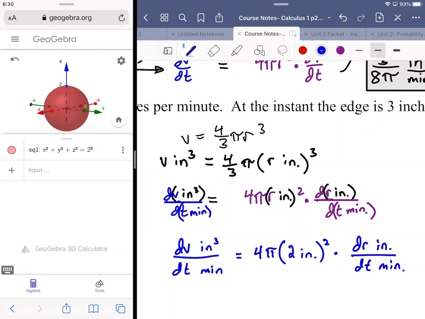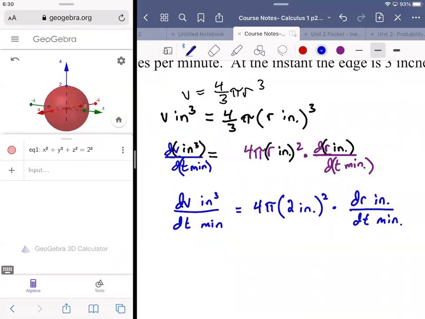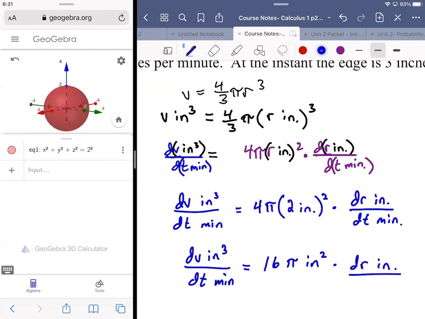So all I'm doing here is exactly what I did before. I'm bringing the units along for the journey. So I have dV inches cubed over dt minutes. We'd have 16 pi inches squared times dr inches over dt minutes.